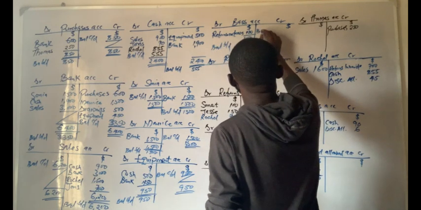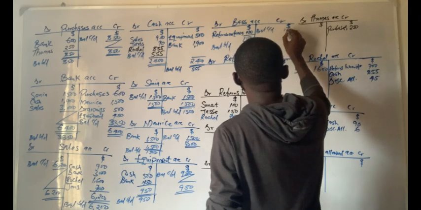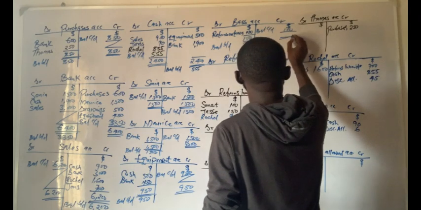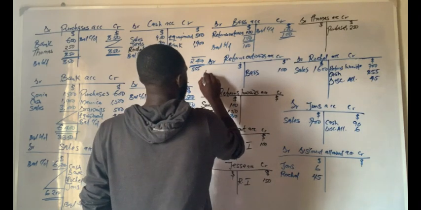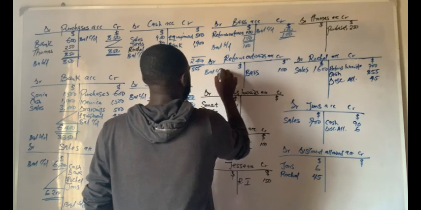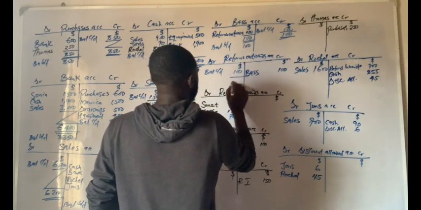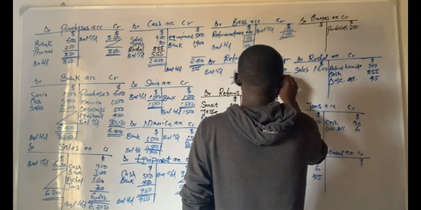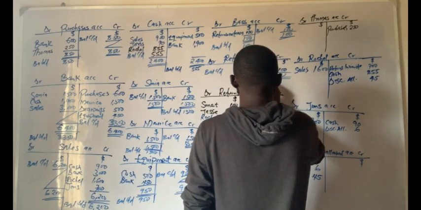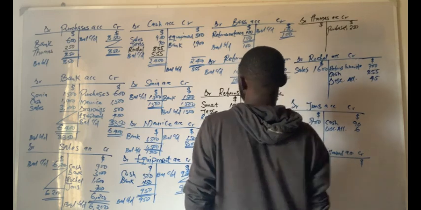Then balance carried down is 100, and then the total is 100. So we have also balance carried down is 100. We close as 100, and then balance brought down is 100.